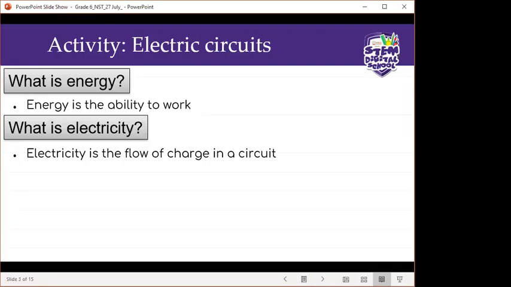It gives us useful output energy like the heating, the lighting, etc. Then Shakira also mentioned that it is charged particles. So this flow of charge is charged particles or electric current, as some of you might have mentioned. All right, so let's continue.